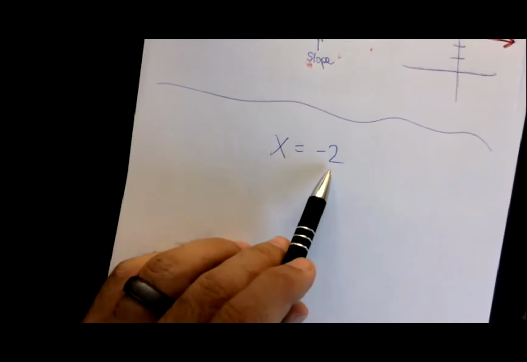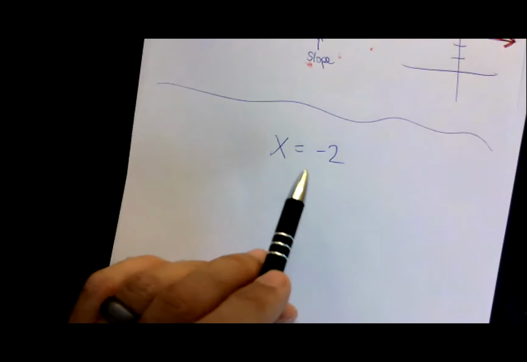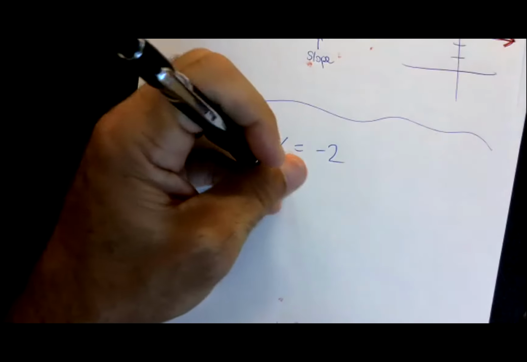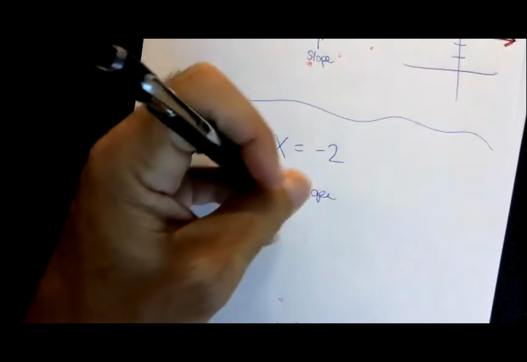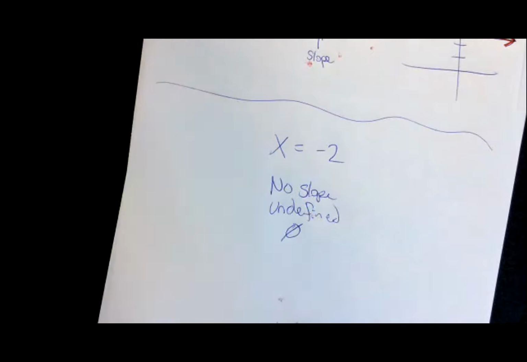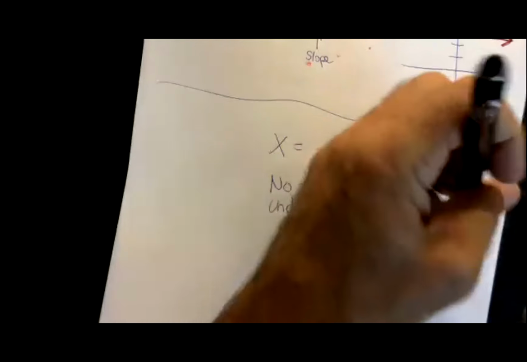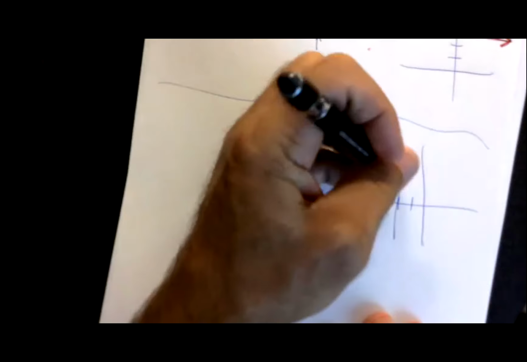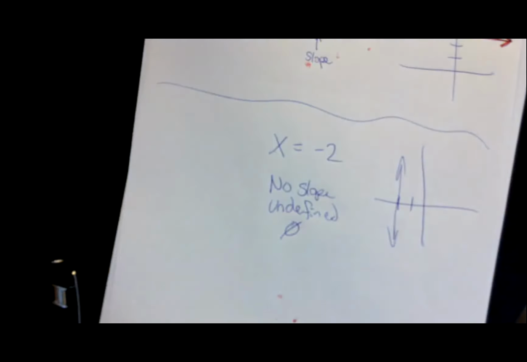If there's no y, I can't get y by itself. There is no y. So this has no slope, or the slope is undefined, or that 0 with a slash. Now, do remember that x equals still gives you a line, just now it's vertical.